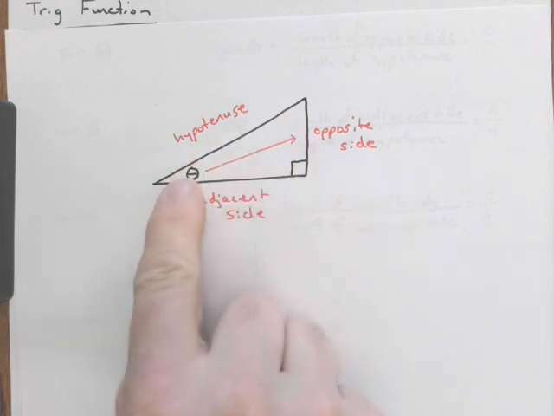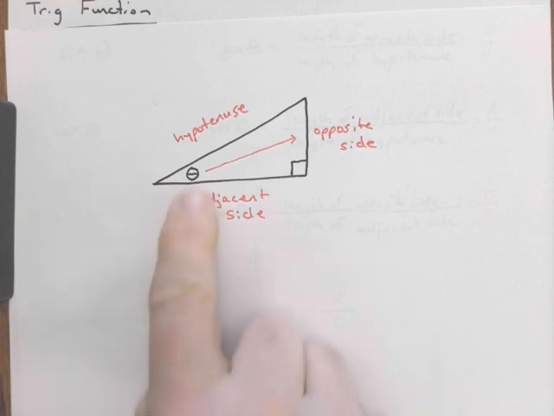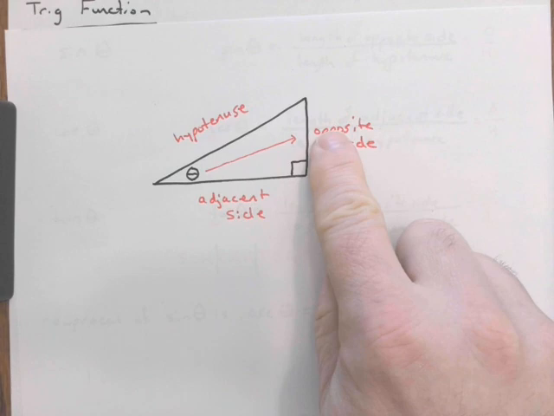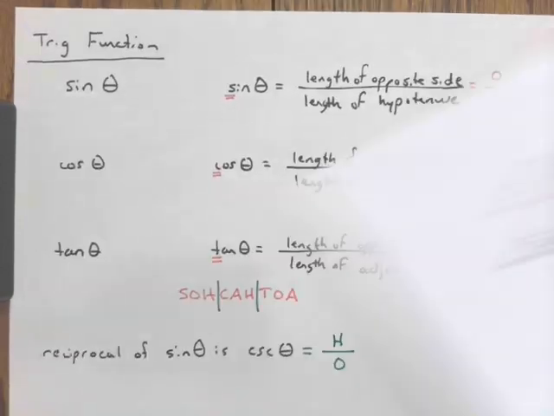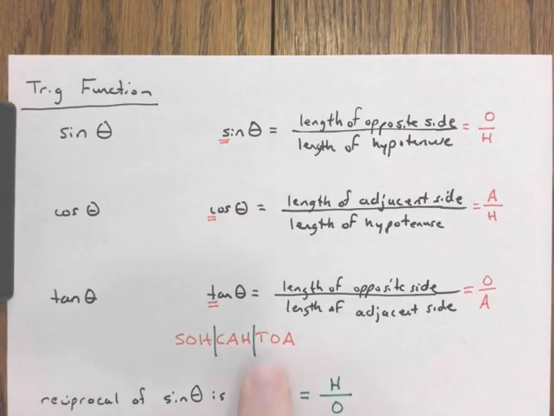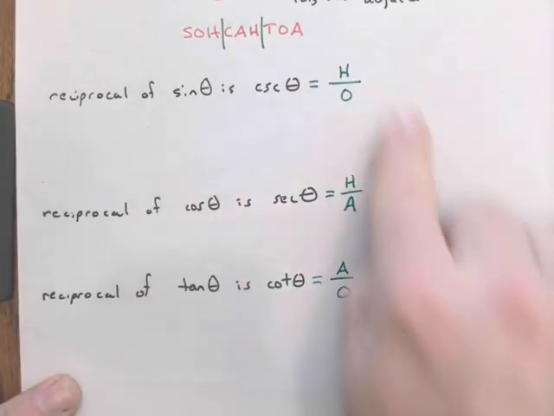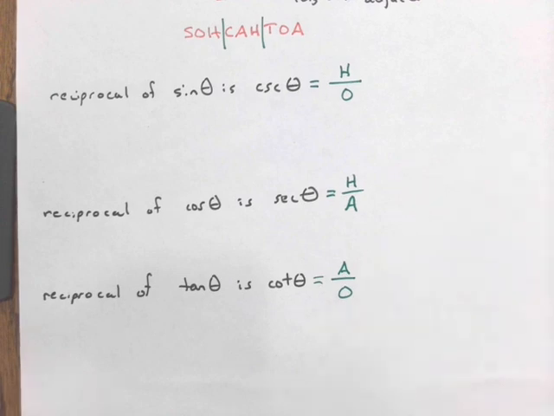And then one of our acute angles will be listed with a variable, often this Greek letter theta. Straight across from that is the opposite side, and the leg that it's touching is the adjacent side. And then from there we use SOHCAHTOA typically to remember the three main trigonometric functions, and then we have our three reciprocal functions which we can build off of SOHCAHTOA from there.